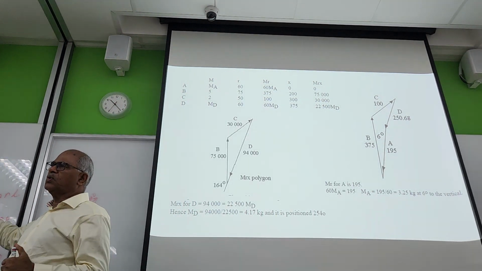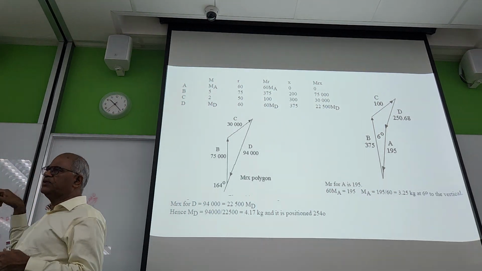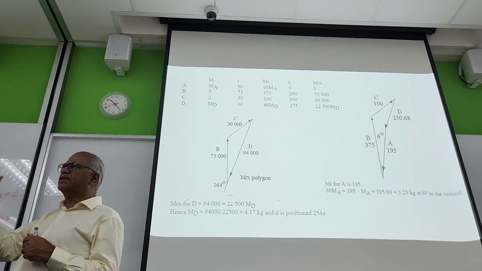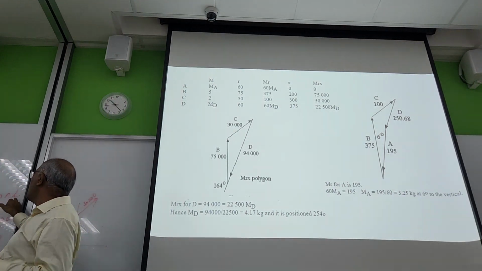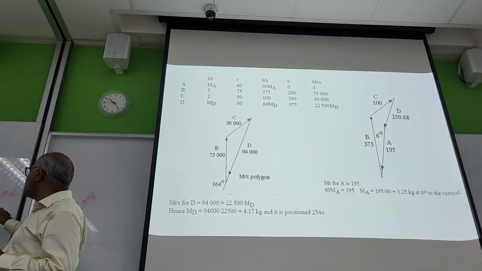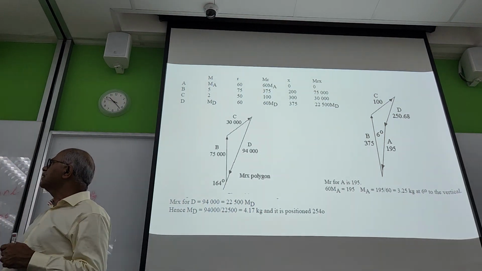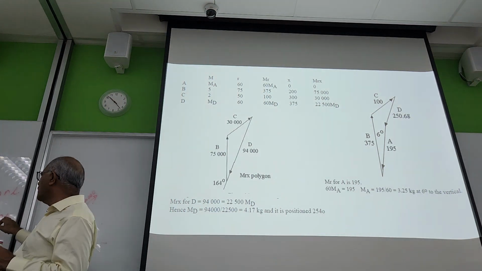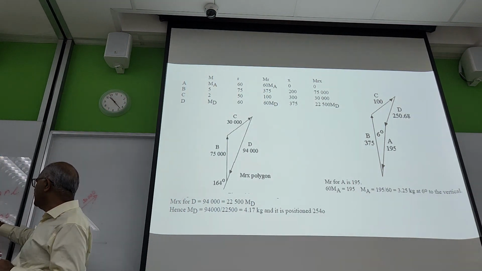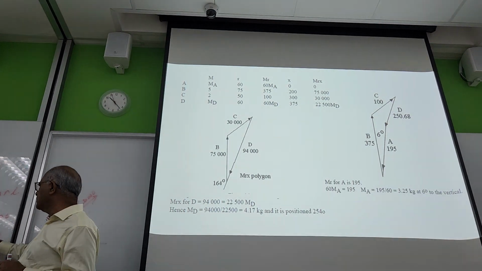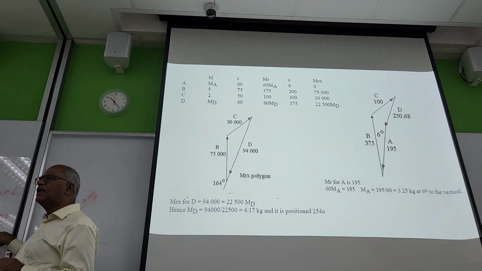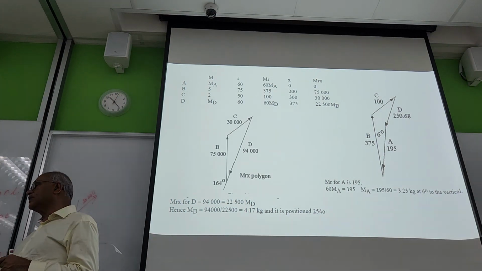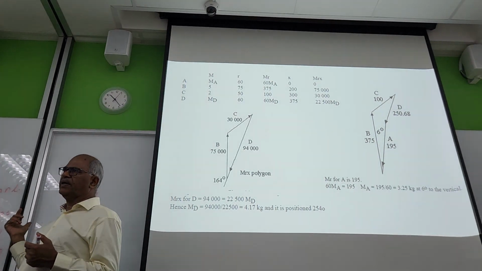For that plane, the MRL value will be 0 because L will be 0 for that plane. So the reference point L is 0, therefore this is 0. In this case, we are choosing plane A as the reference plane. Then for mass B, the value is 35,000, mass C, the value is 30,000, and for mass D, we don't know the mass D also, so we write 22,500 MD.